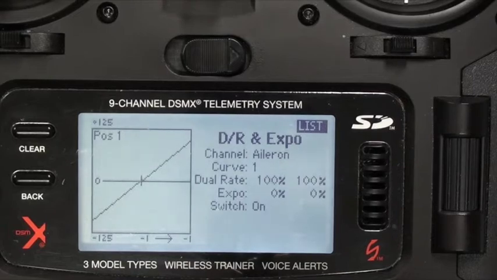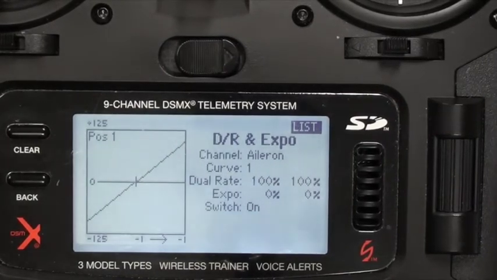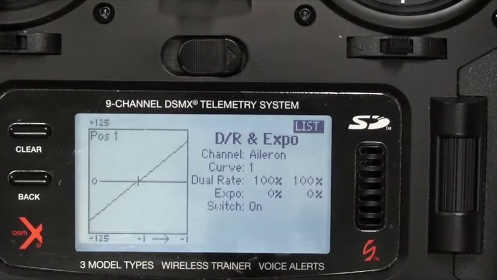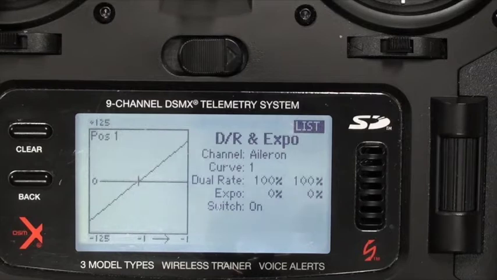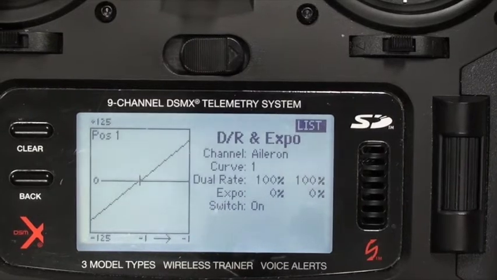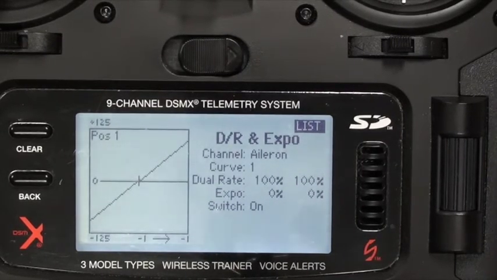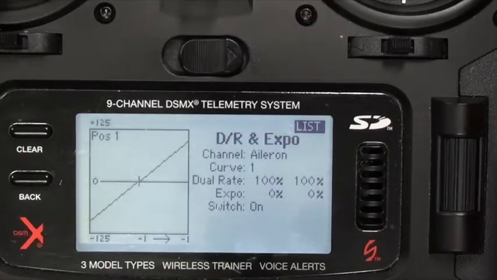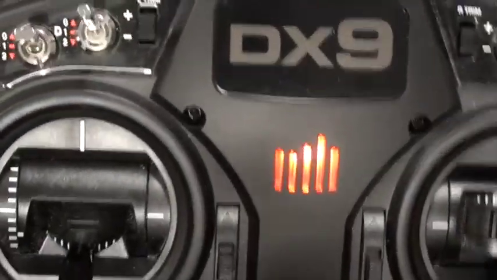Now I like 3 rates normally, but I think I am going to use three rates. So in order to do that, I have to pick a switch for the dual rates to be on.